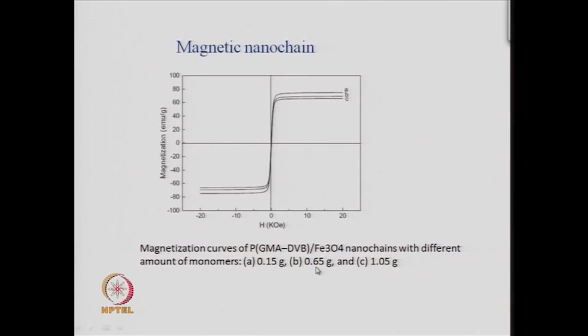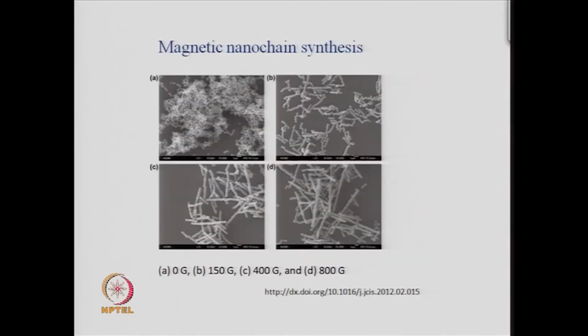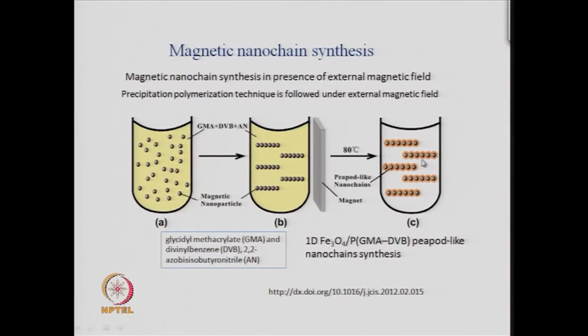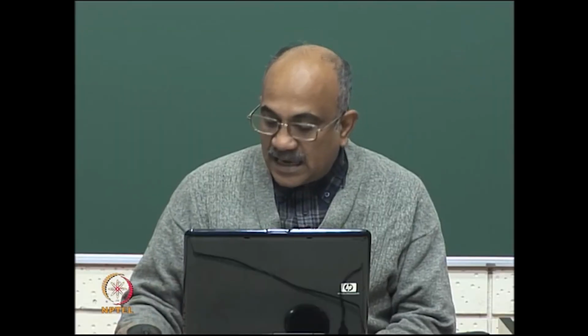When you add more monomer, then more of the chains are covered with the polymer. So, the magnetization decreases from A to B, and then if you further increase the monomer, the magnetization decreases further to C. So, effectively with the thickness of the polymer around the particles, if you increase this polymer which is forming, by increasing the amount of monomer you are adding, you will decrease the magnetization, and that is what is happening.